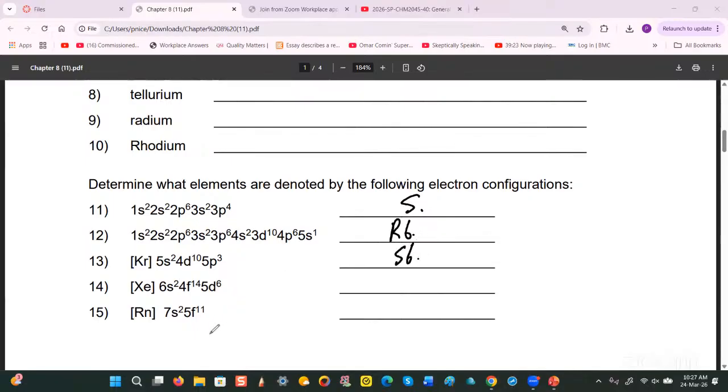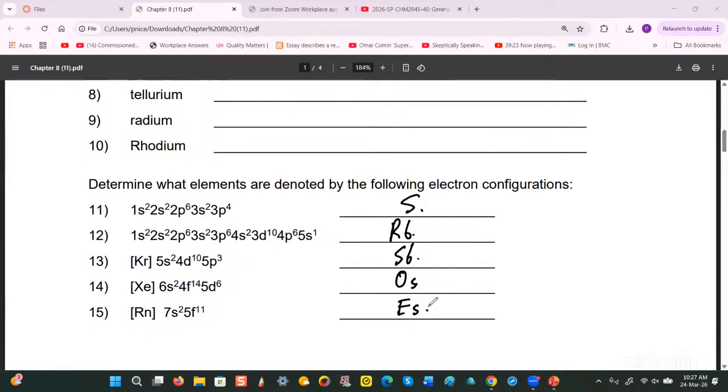Okay. What about number 14? Osmium is correct. And what about number 15? Exactly. And that's how we do that.